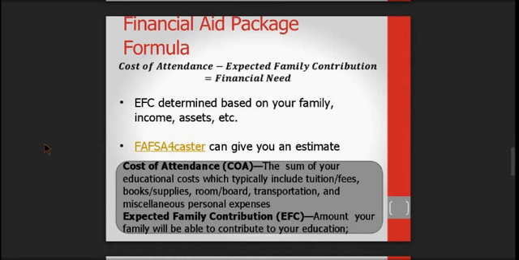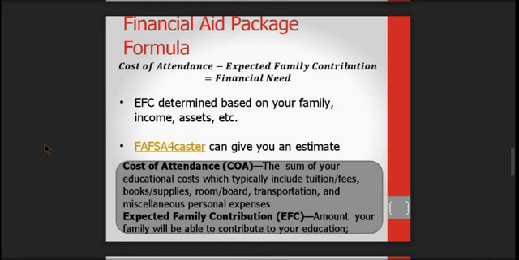What they look at is the cost of attendance. That's the sum of the educational costs: tuition, room and board. For every college, we know it's different. You subtract your expected family contribution, or your EFC, how much your family is expected to contribute.